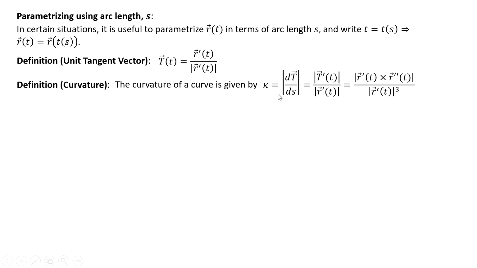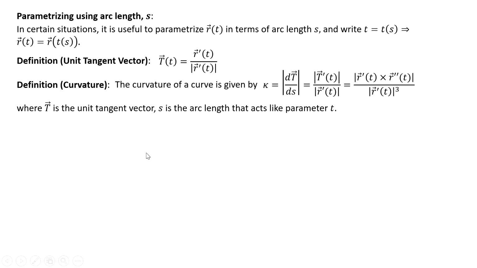Okay, and it can also be written as the magnitude of T prime of t over the magnitude of r prime of t. And I'm not going to derive this, but we can show that in fact this is the magnitude of r prime of t crossed with r double prime of t, divided by the magnitude of r prime of t, the quantity cubed. The derivation is just a little bit of a pain, so I'll leave that.